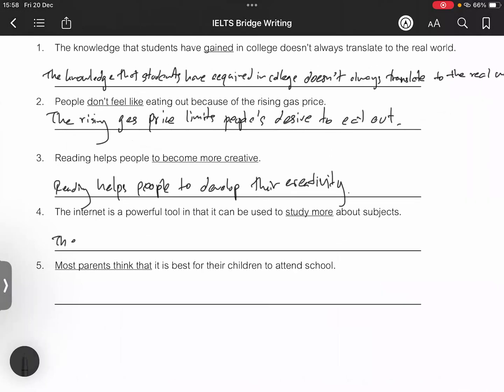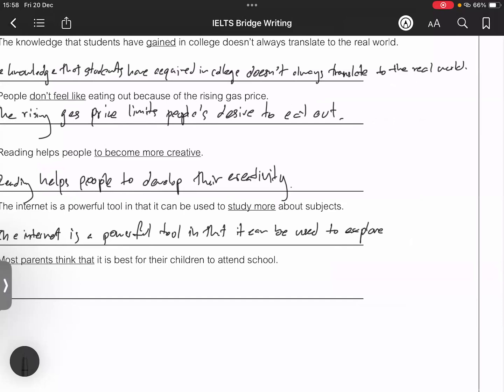So we can rewrite it as the internet is a powerful tool in that it can be used to explore the subjects.